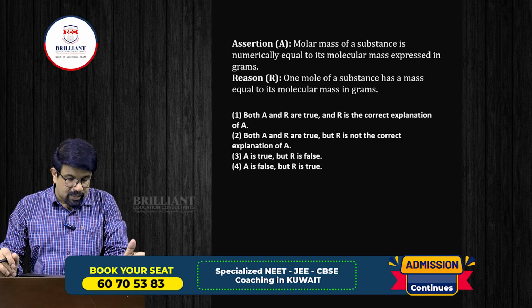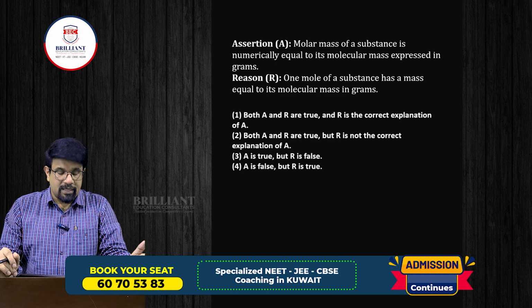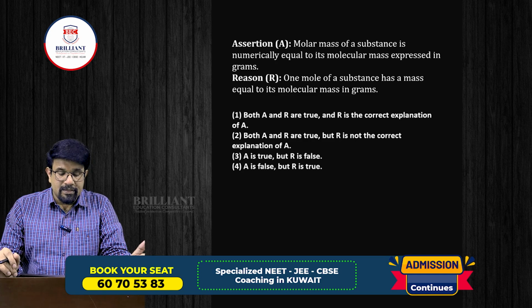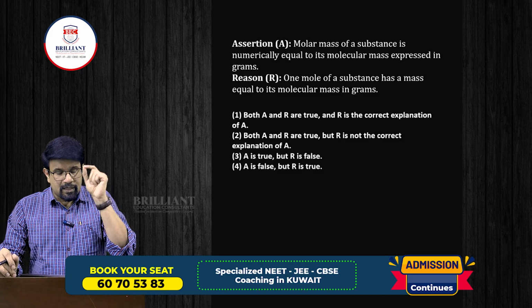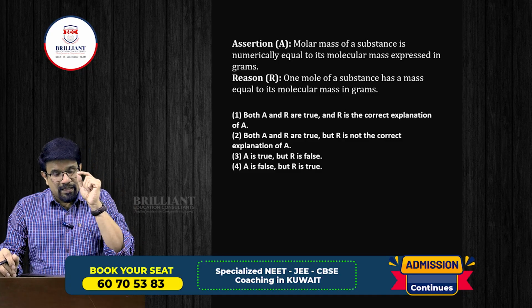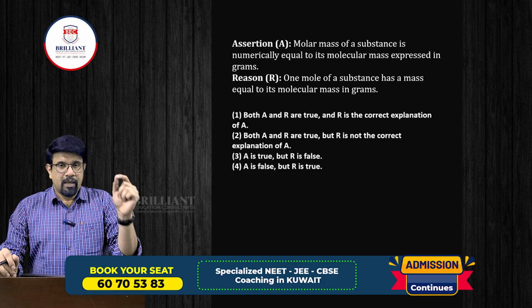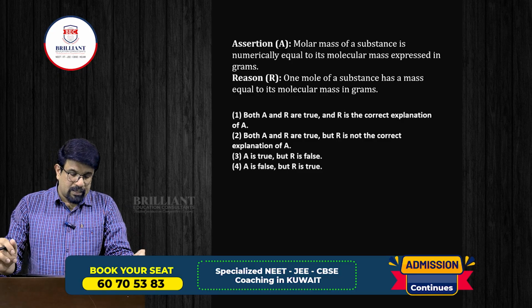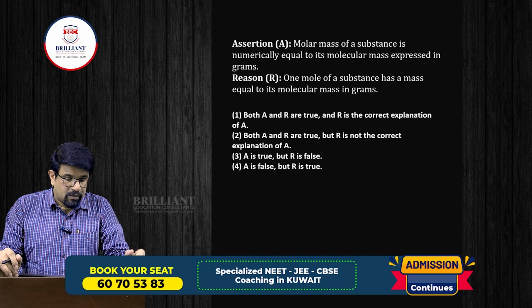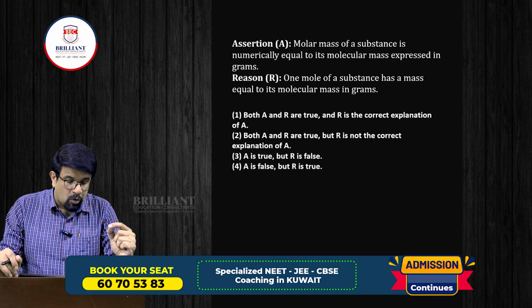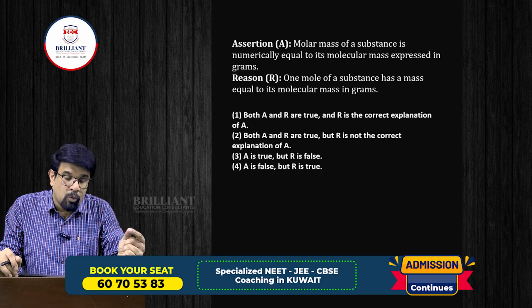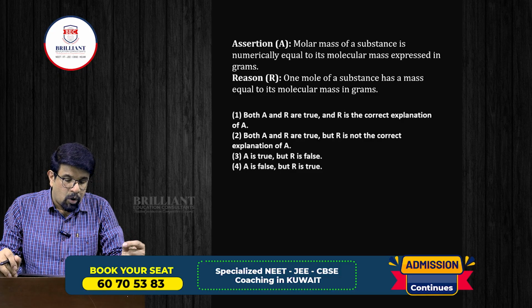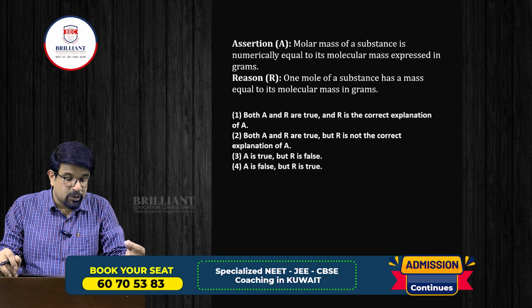Here four statements are there. Both assertion and reason are true, and reason is the correct explanation of assertion. Both are true, but reason is not the correct explanation. Assertion is true, but reason is false. And the last one: assertion is false, but reason is true. Here the assertion is that molar mass of a substance is numerically equal to molecular mass expressed in grams.